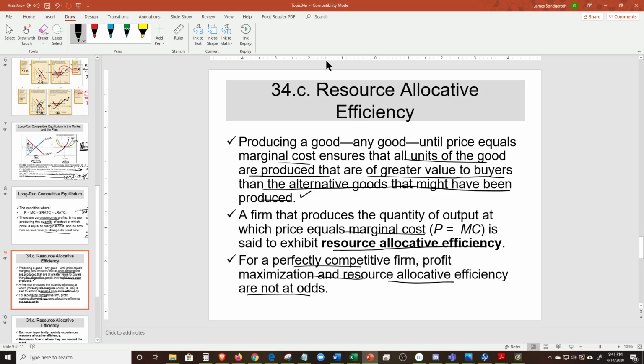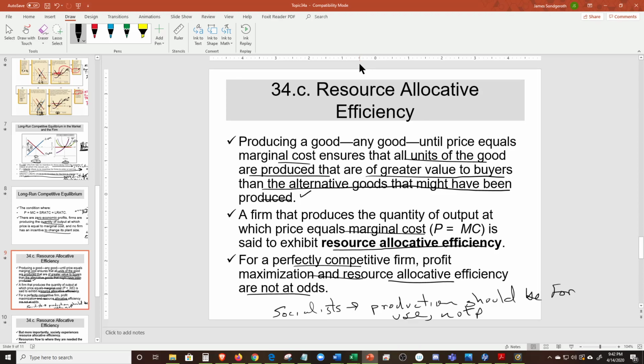In other words, what is that saying the socialists have? Production should be for use, not profits. Oh, how evil. But the curious thing is that profits make business firms produce what people want.